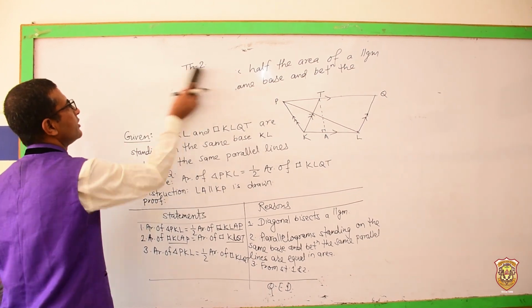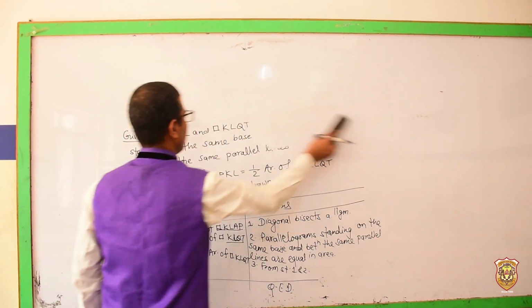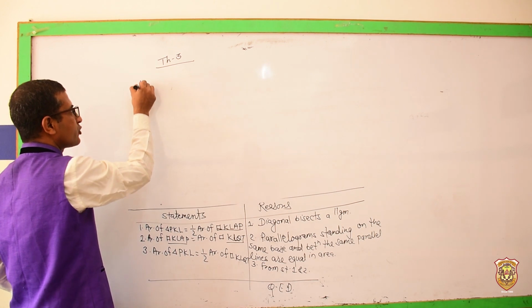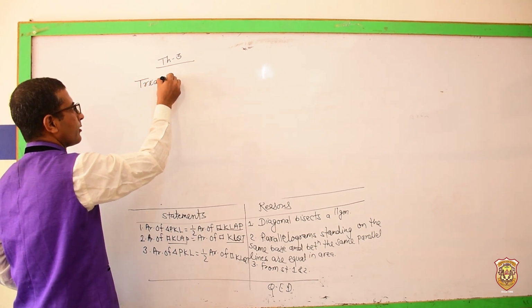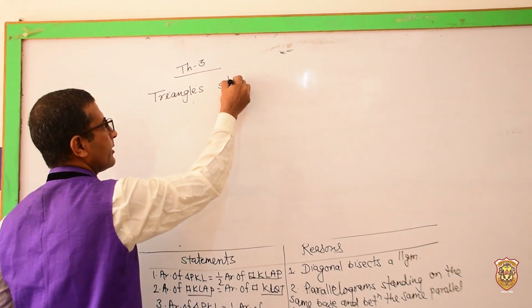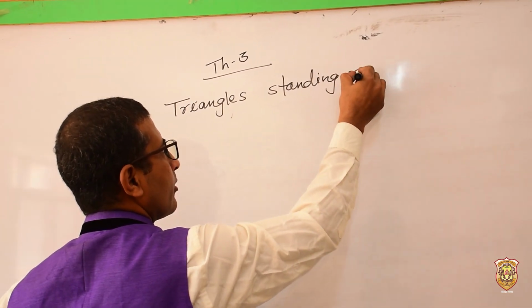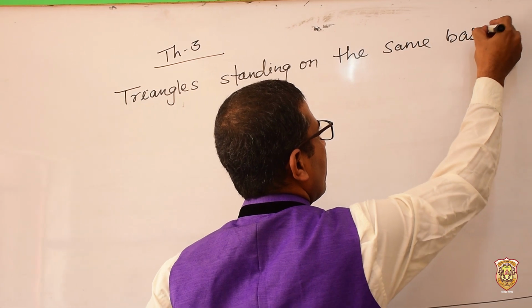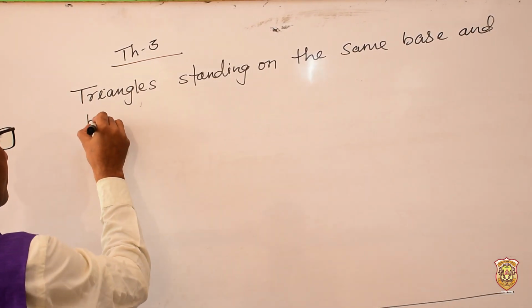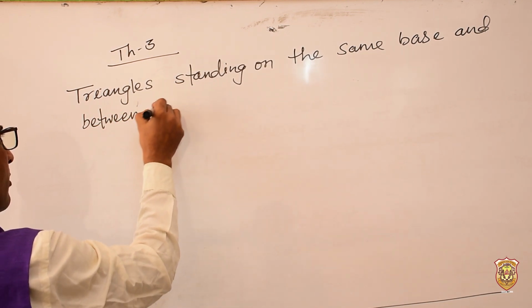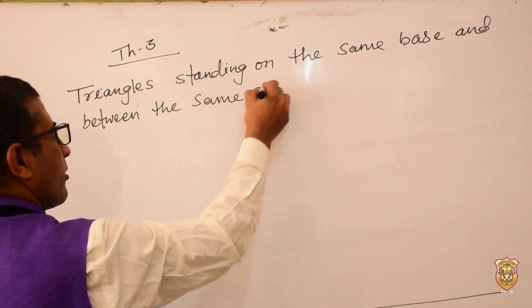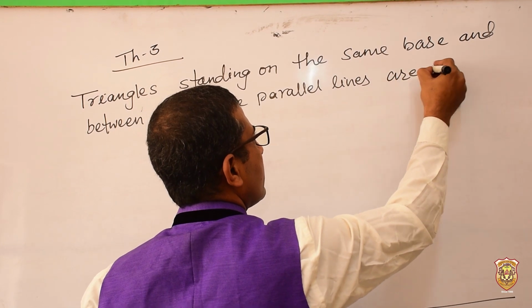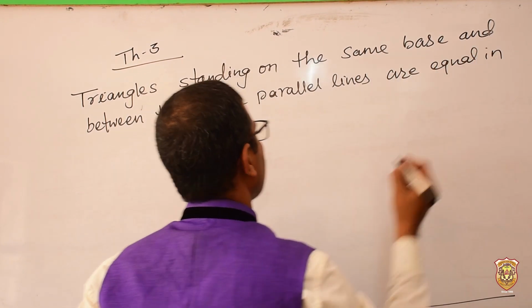Now the last theorem of this first exercise, that is triangles standing on the same base and between the same parallel lines are equal in area.